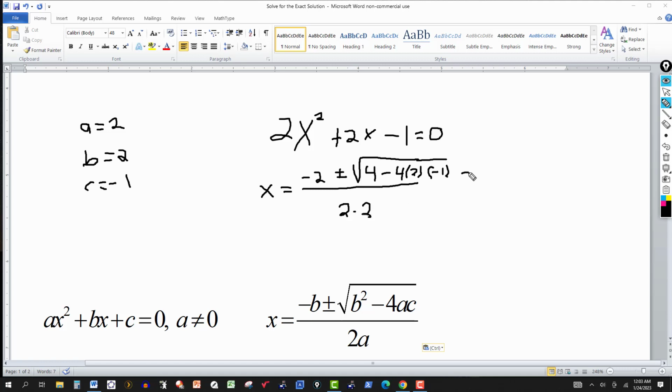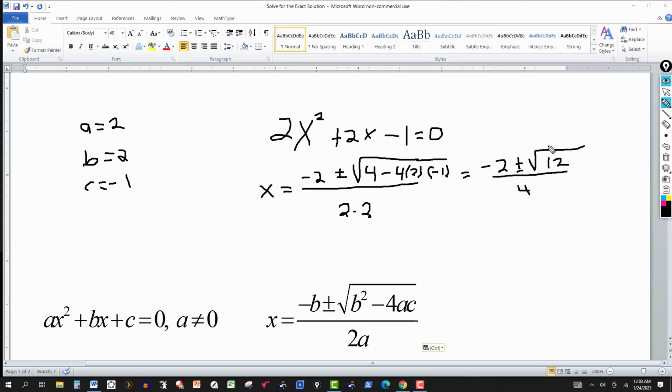And then I expand this a little bit. This will be minus 2, plus or minus the square root of, and then let's simplify inside the radical. Negative times negative is a positive, so this will be 4 plus 8, which gives 12. And that's over 2 times 2, which is 4.